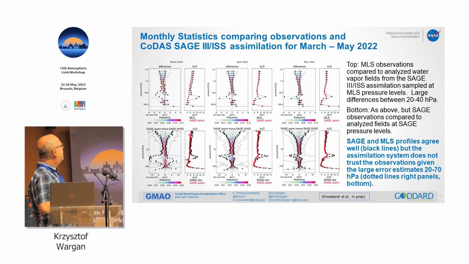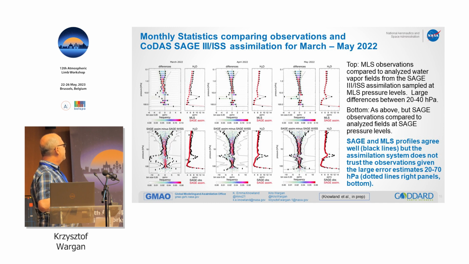Progressively, as we go forward in time, in March, there is not much here in the way of the additional extra water vapor. But as we go to May, the SAGE assimilation starts developing this kink here.